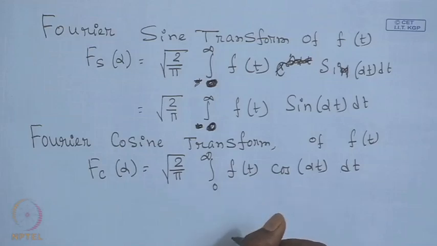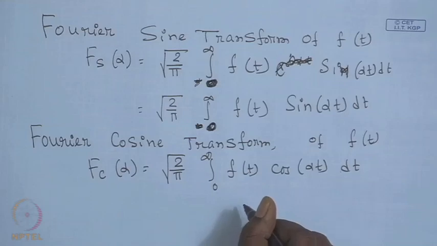If you look at the definitions, for the Fourier transform the domain is minus infinity to plus infinity and the kernel is 1 over root 2 pi e to the power I alpha t.